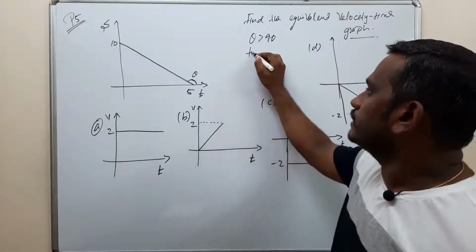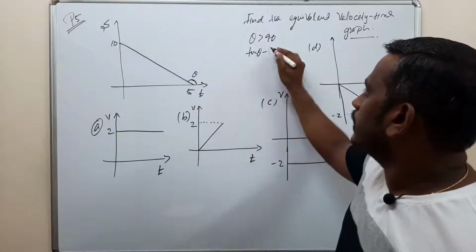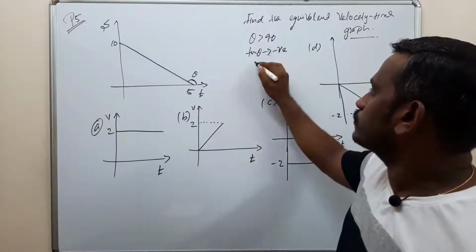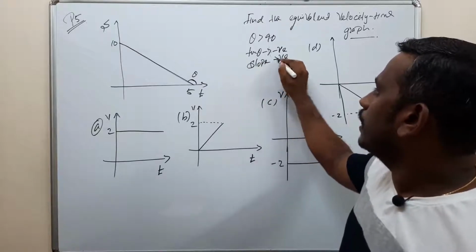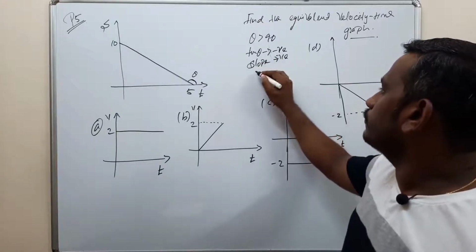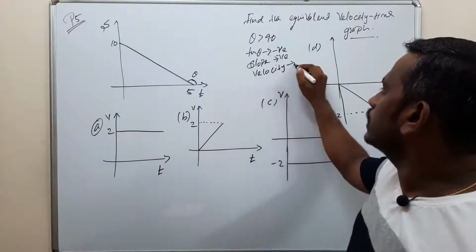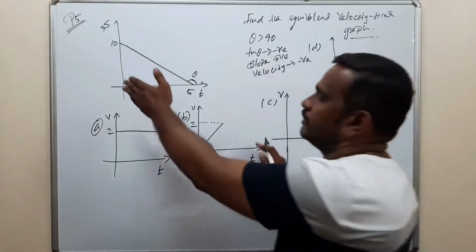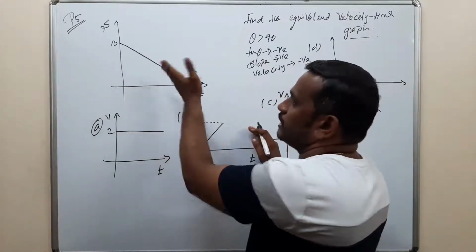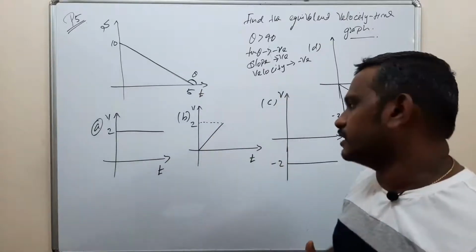So tan theta is negative, the slope is negative, and the velocity is negative.